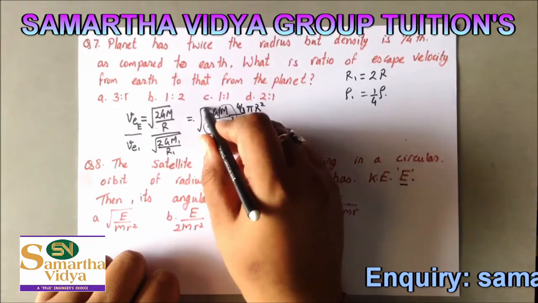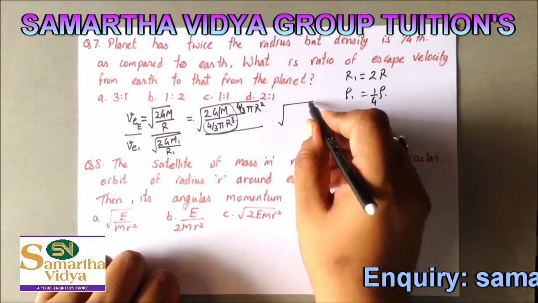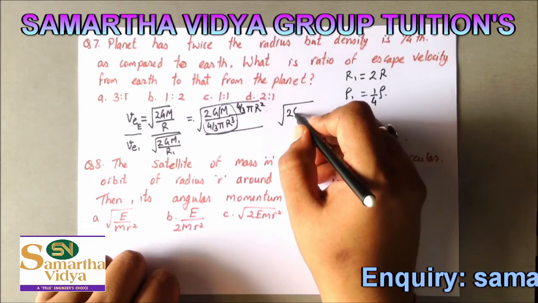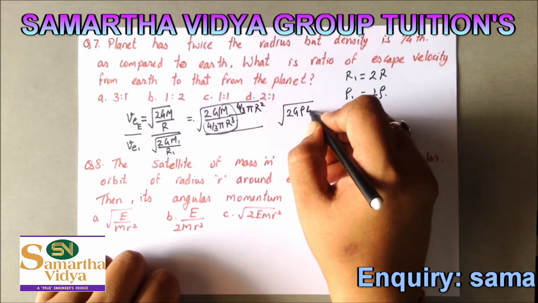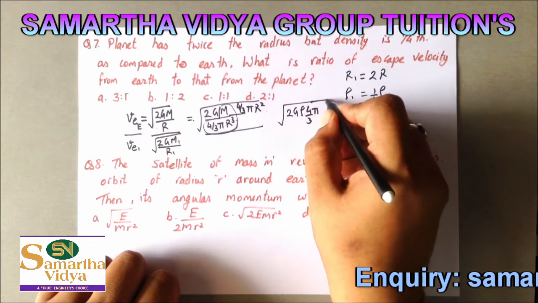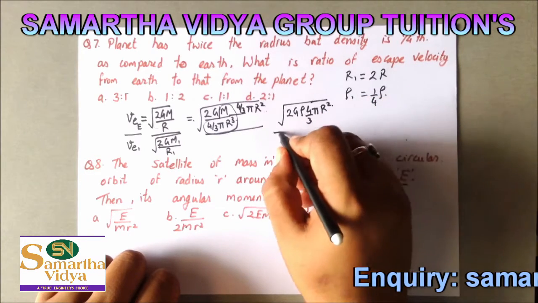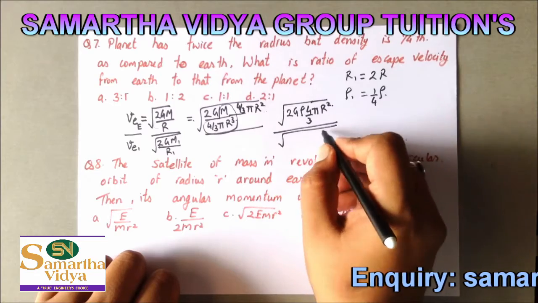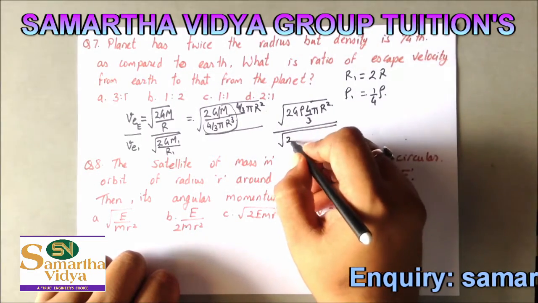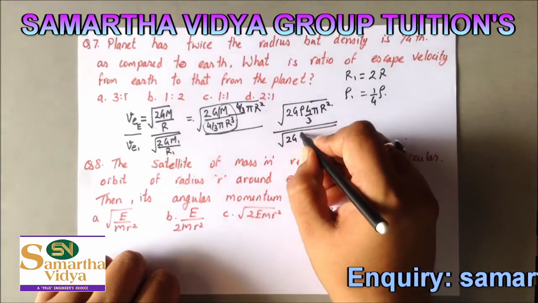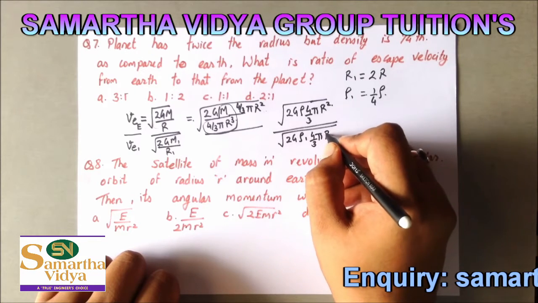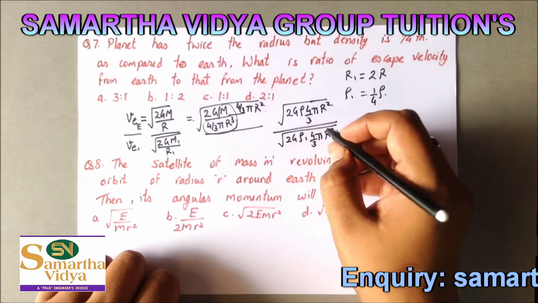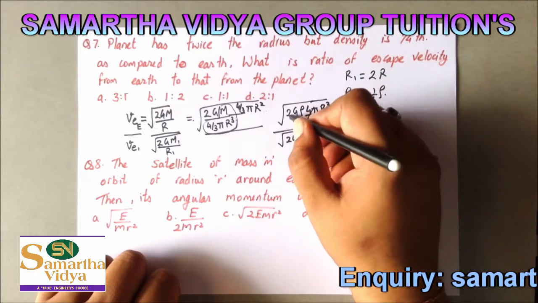So we have the formula as root of 2G rho, the 4/3 term pi and r square. So this thing will be divided by the planet's term. So that is 2G, it's going to be ρ1 4/3 pi r1 square. So all the constant terms get cancelled out.